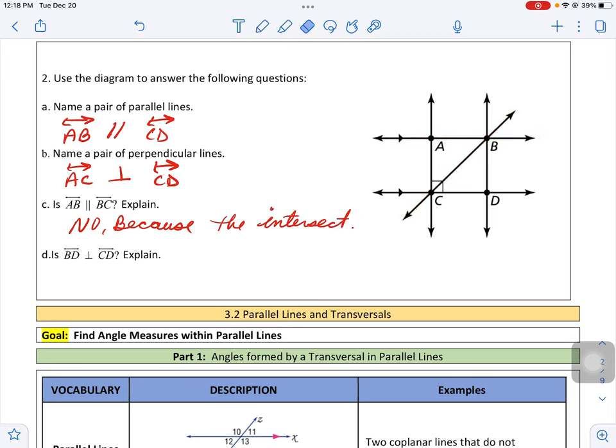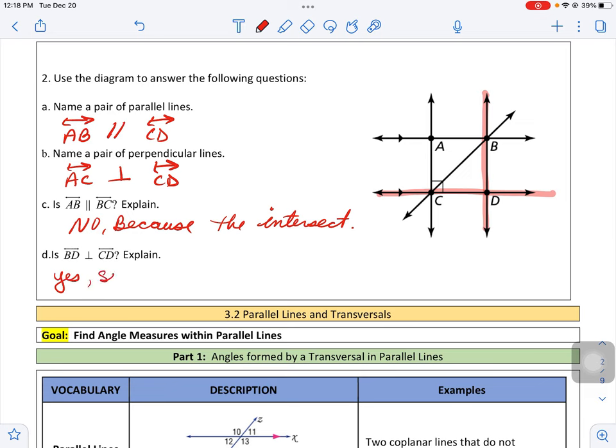Okay, next one, is BD perpendicular to CD? Okay, so are CD and BD perpendicular? Now, we're going to say, yes, they are.